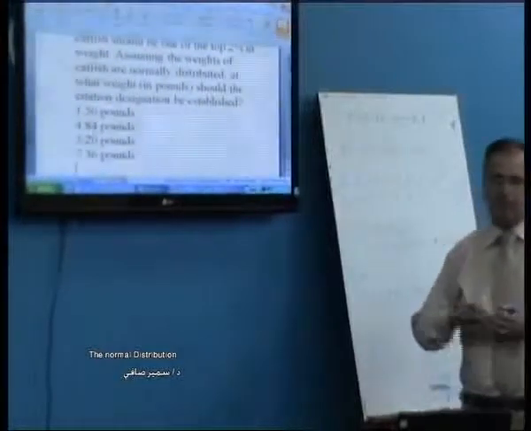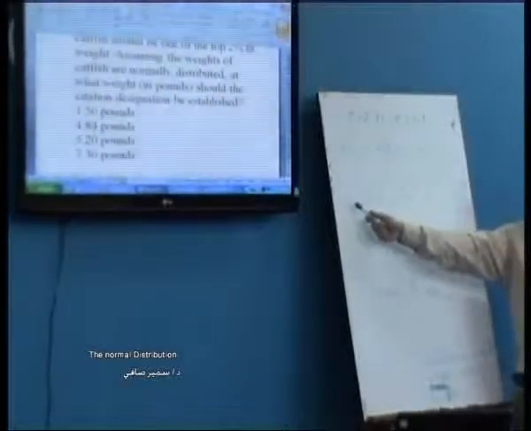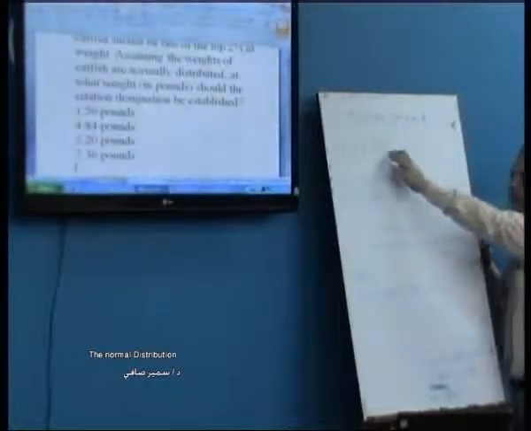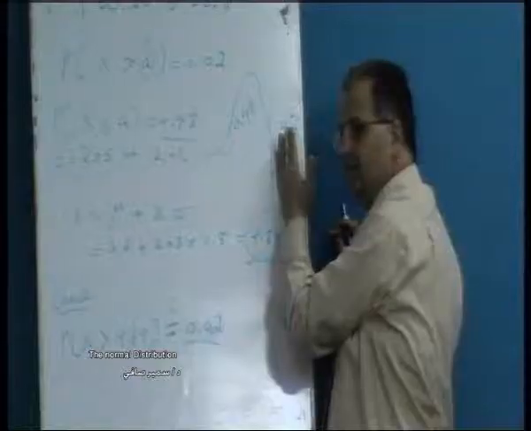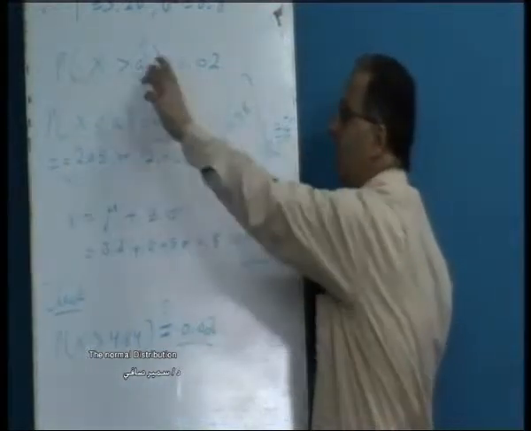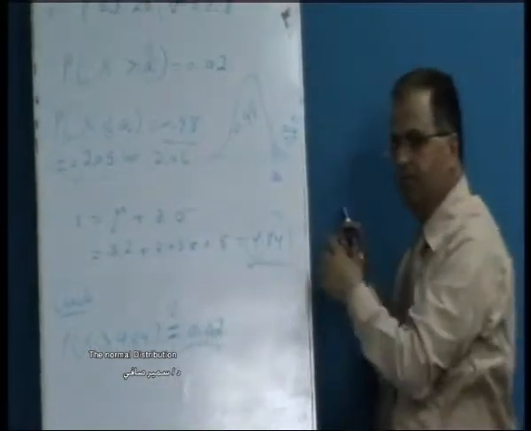So this problem is called backward normal calculation, because here, as the first step, we find the value of the z-score corresponding to this probability. Be careful. The probability of x greater than a is 0.02. So my value here should be to the right, because it says greater than a is just 2%.